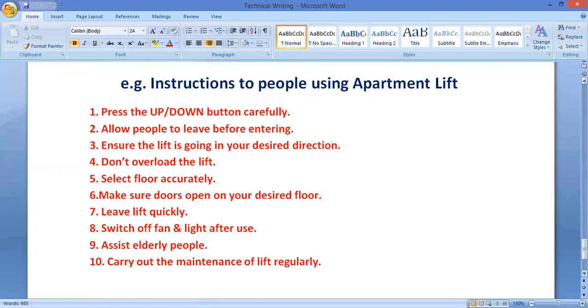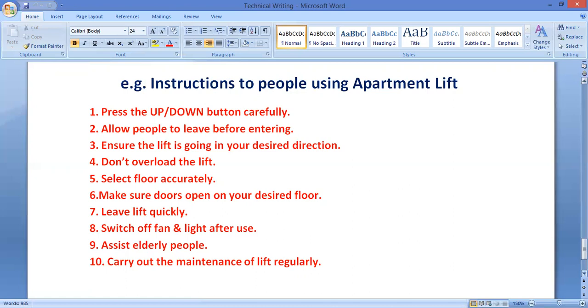See, through these instructions, the user can understand how the lift should be used, so that there should not be any problem with the lift, and there should not be frequent maintenance of the lift.